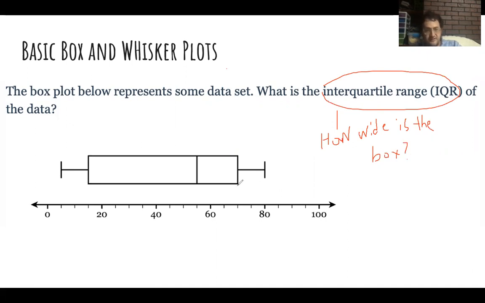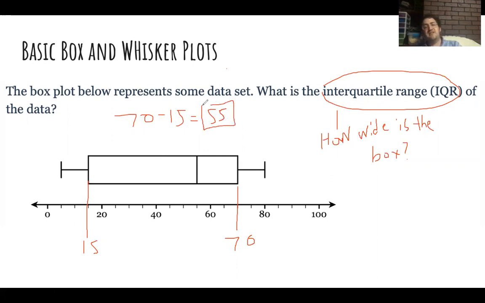So I can look at the number here. So this looks like it's about 70. And this looks like it's about 15. So I'm just going to do 70 minus 15. And that's going to get you to 55 for that IQR.